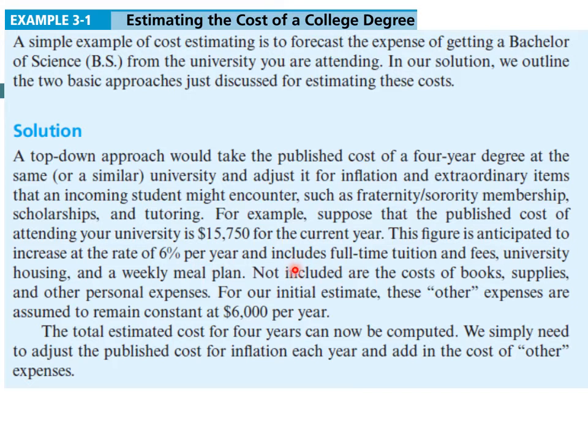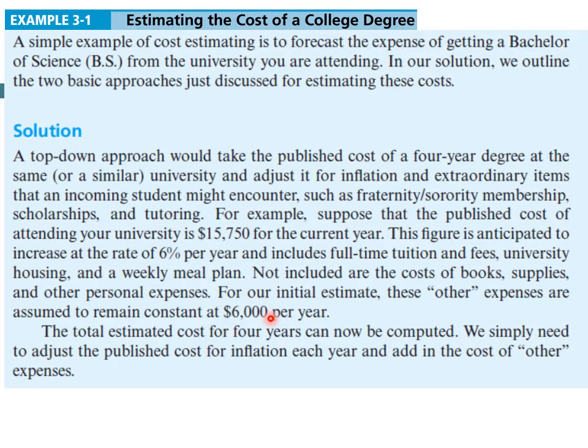It includes the tuition and fees, university housing, and a weekly meal plan. But some costs are not included, which are the costs of books, supplies, and all other personal expenses.